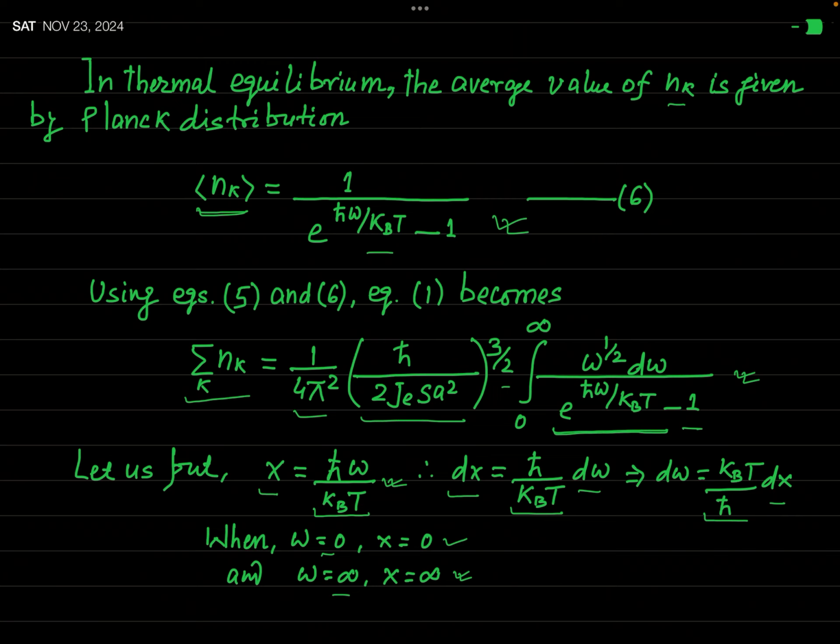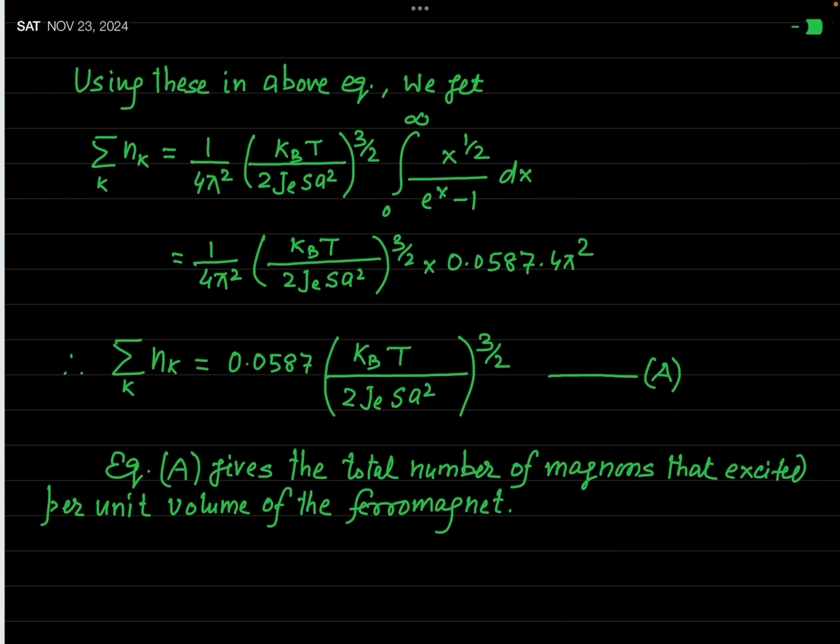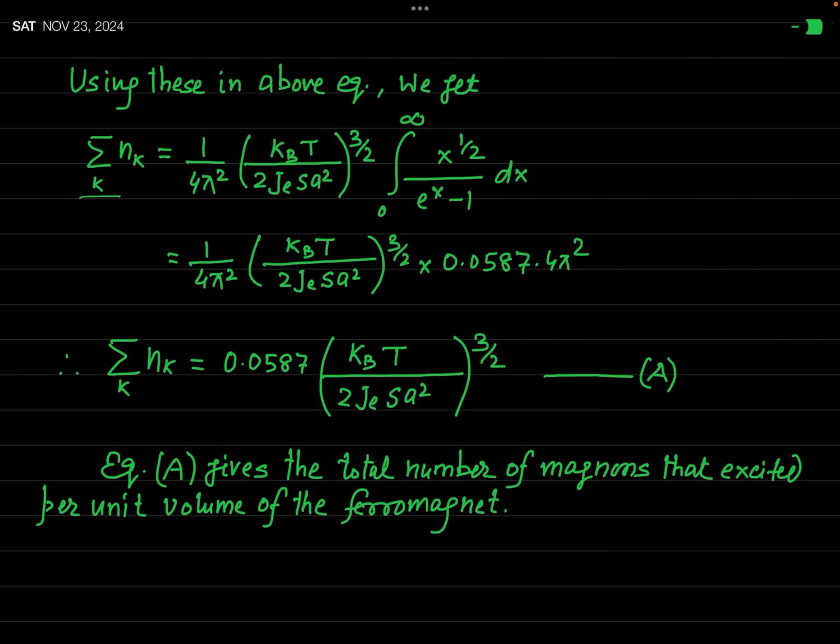Okay. Now let us use these results in this expression and simplify it. So you can see the summation over k of nk will be equal to 1 over 4 pi squared times kBT over 2 JSA squared, the whole to the power 3 by 2, times the integral from 0 to infinity of x to the power half over e to the power x minus 1 dx. You can do the algebra.